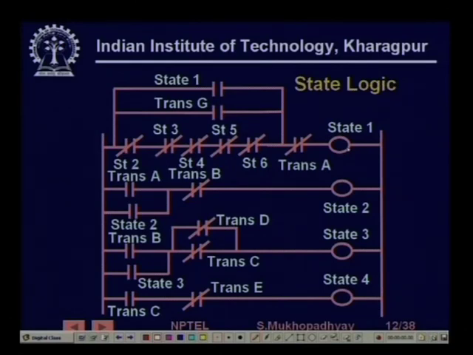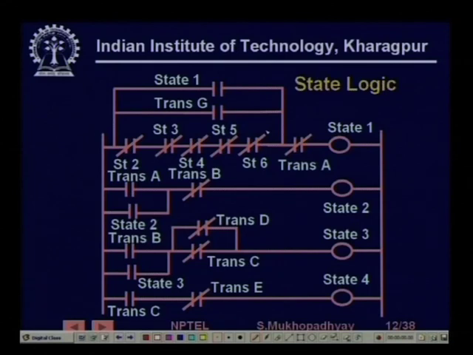So, the computation came from the transition logic to the state logic. It found that state 1 is on and that transition A is on, because the transition logic has already been evaluated and found to be true. Therefore, this auxiliary contact will be closed, and now state 2 will be on.